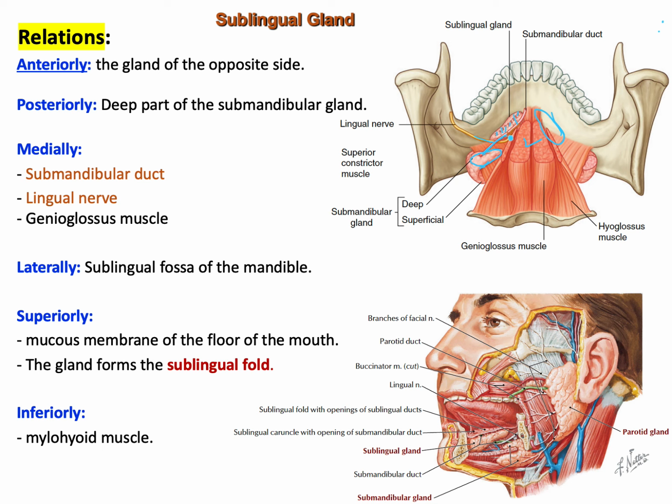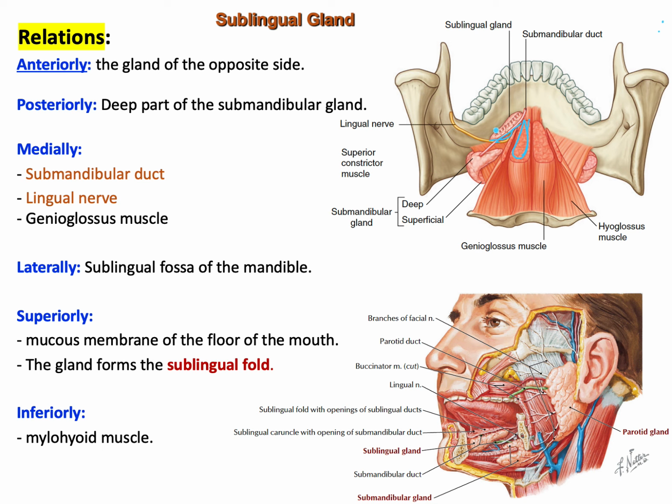That means the structures medial to the sublingual gland will be the submandibular duct, the lingual nerve, and the genioglossus muscle. These three structures are located medial to the sublingual gland.